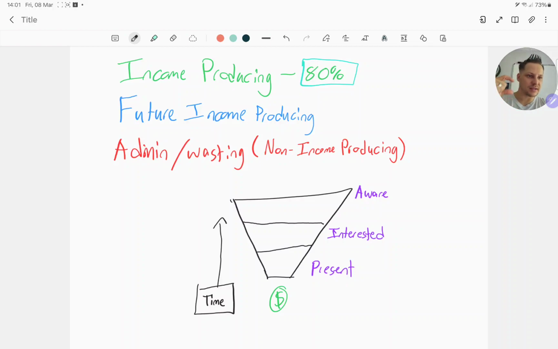Then we spend the second tier up, where we present to people, because sales calls, pitching, taking appointments and presenting are all income producing activities.